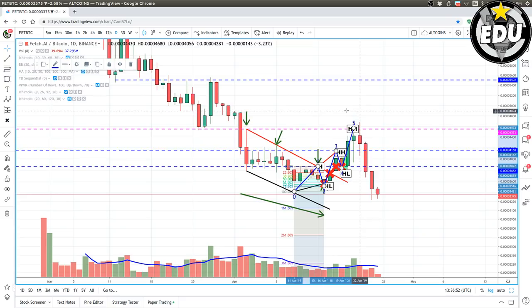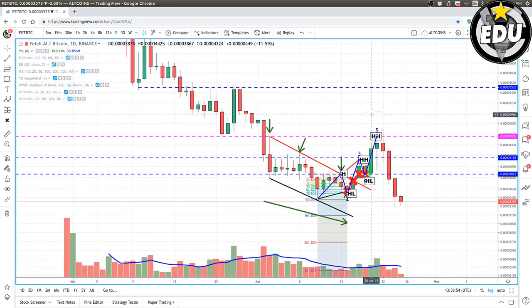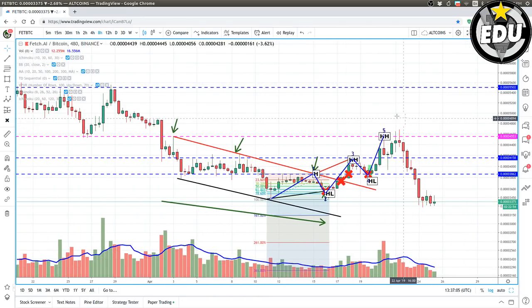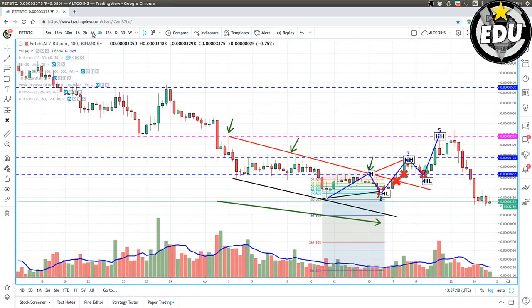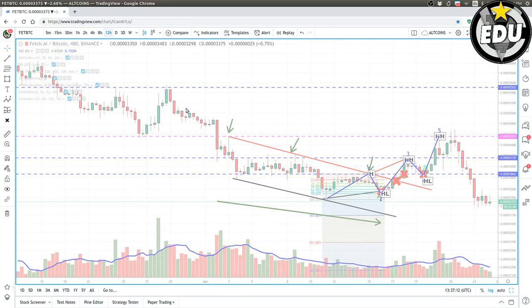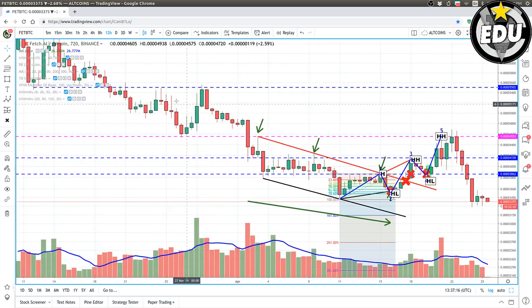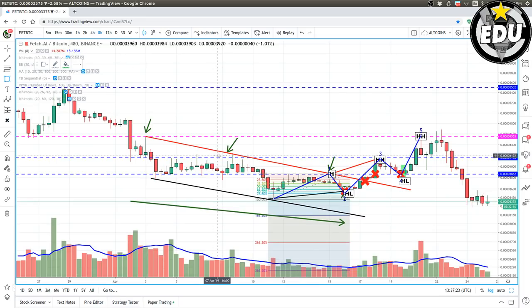And if you want to go more into price action, more the ICT school, this is actually a breaker block. So if I go on, let me see if I can go to 12 hours, can go even to 8 maybe.